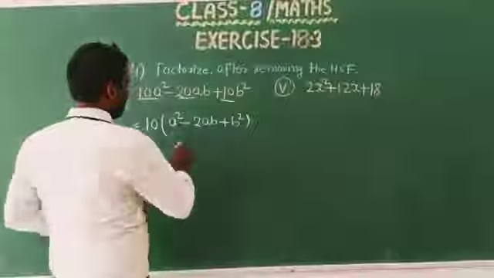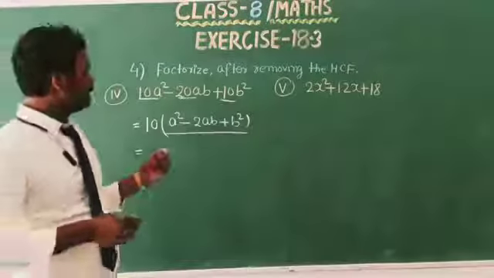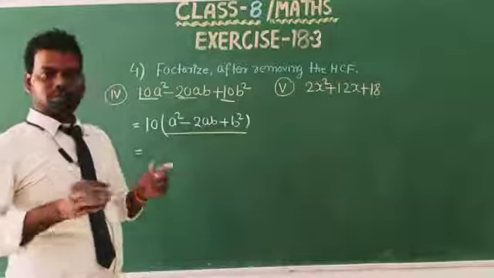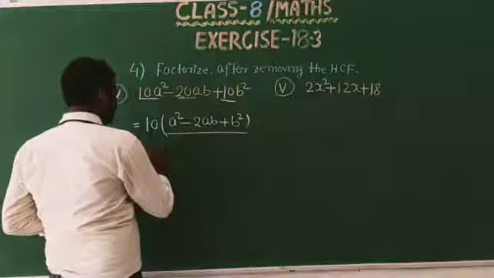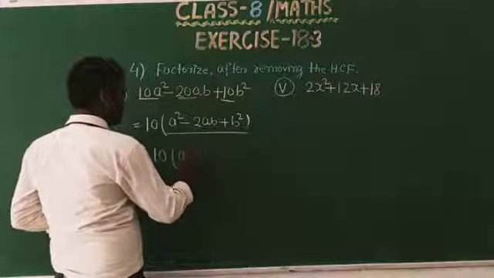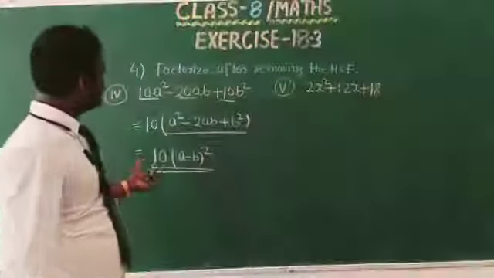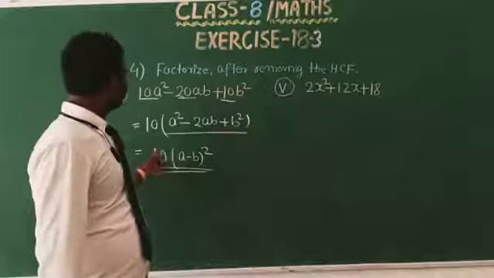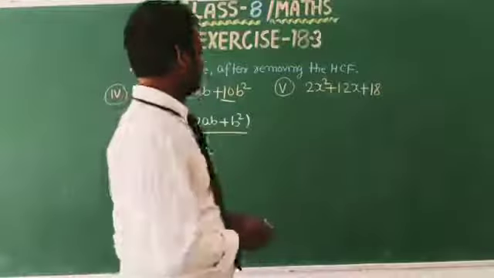Using the identity a square minus 2ab plus b square, which is equal to a minus b whole square, this becomes 10 into a minus b whole square. Dear children, this is the solution of 10a square minus 20ab plus 10b square.